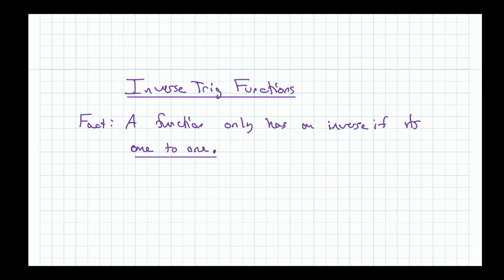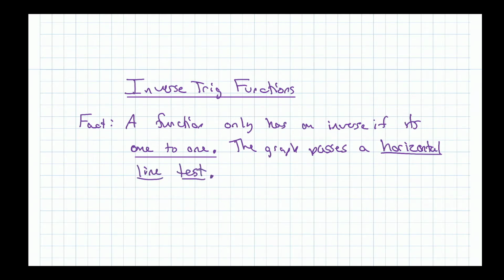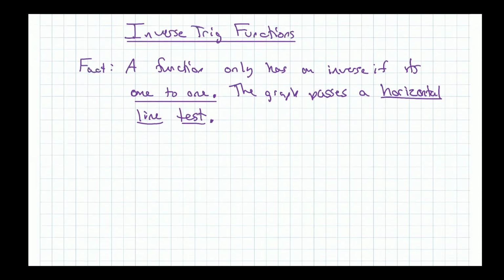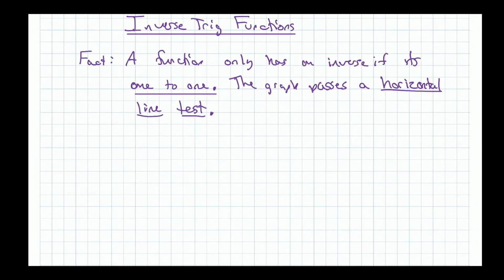Now the way you check 1 to 1 from a graph is the graph passes a horizontal line test. Now you're probably more familiar with the vertical line test. So the horizontal line test is the same thing, but it's a horizontal line.